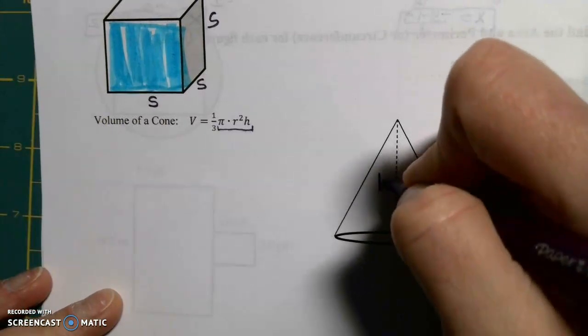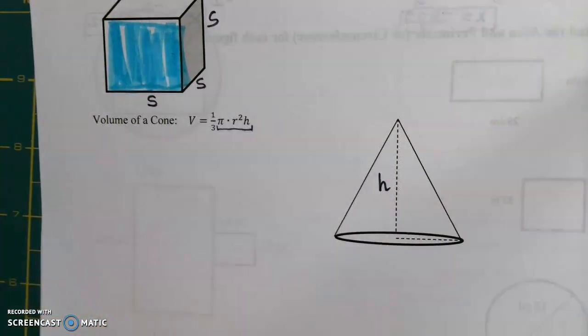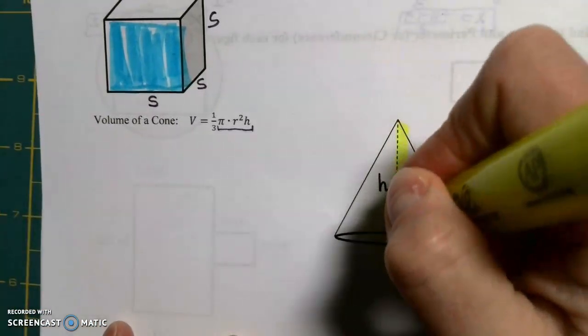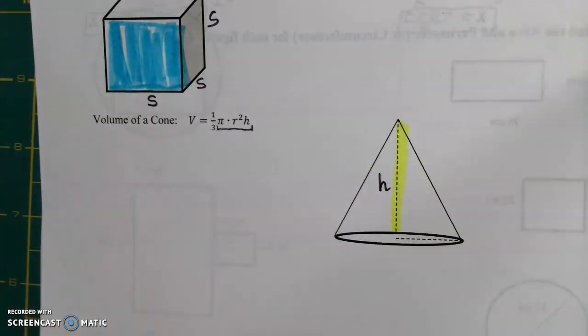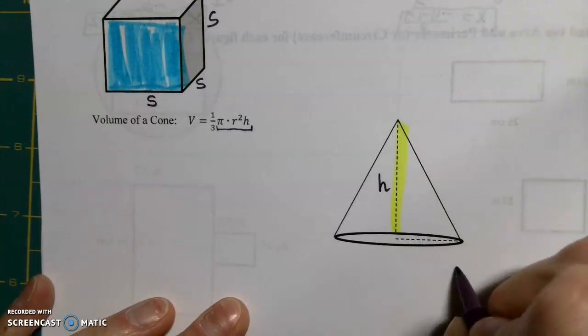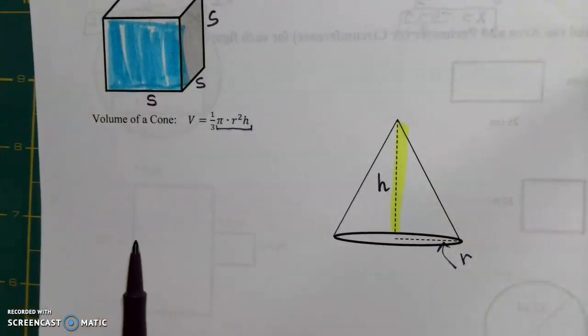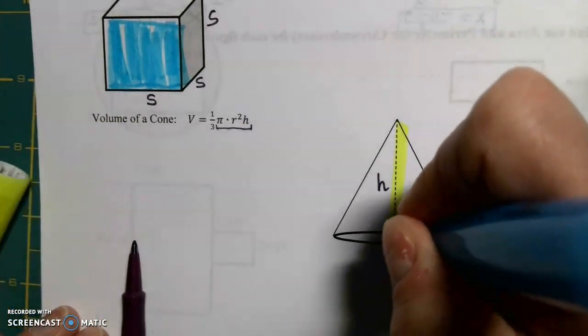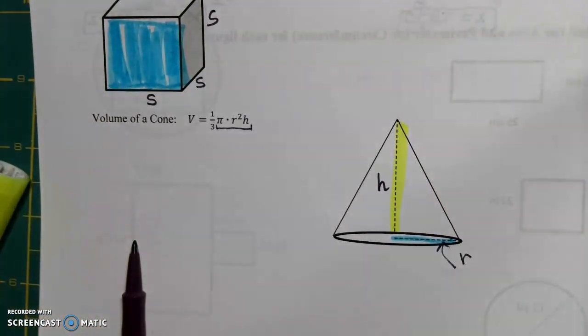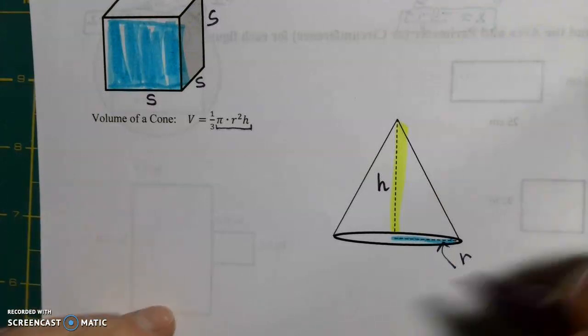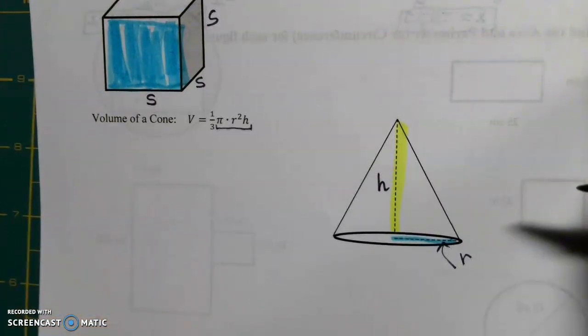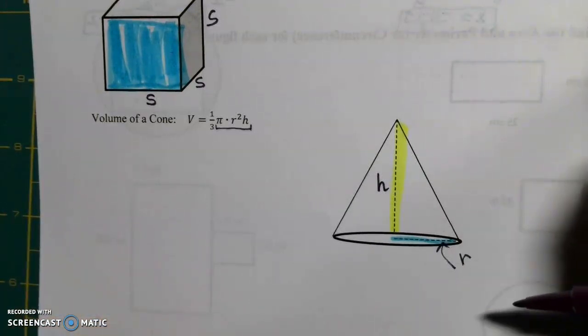So this is known as the height here, and I was using yellow for height before. And then we need to know the radius, that halfway across radius value. And if I have those two pieces, I can find the volume of any cone with that height and that radius.